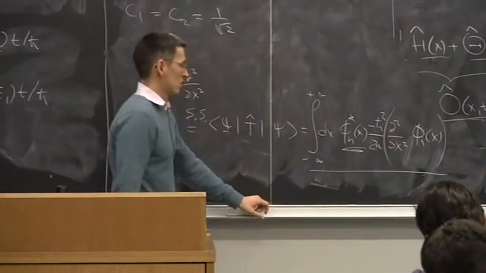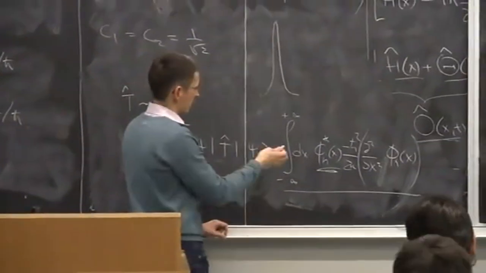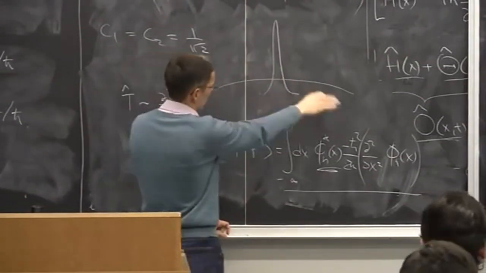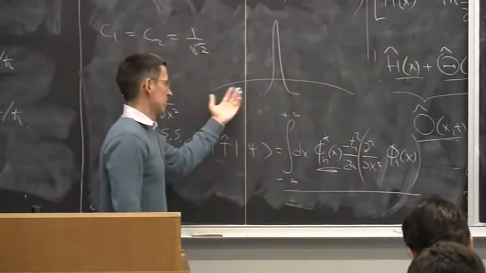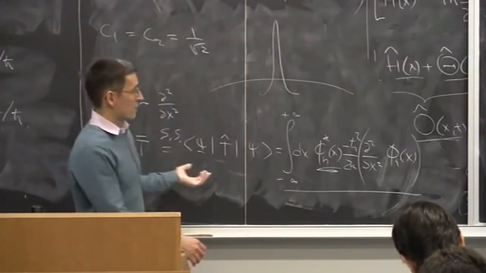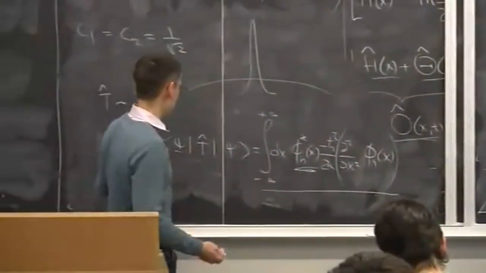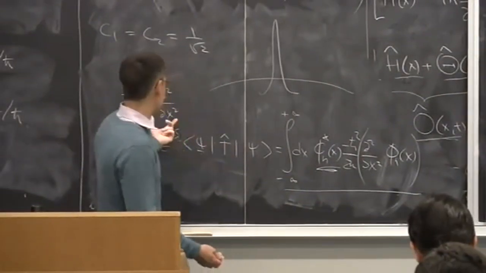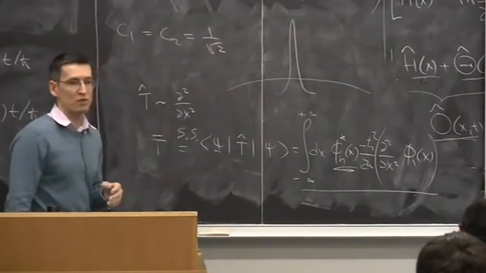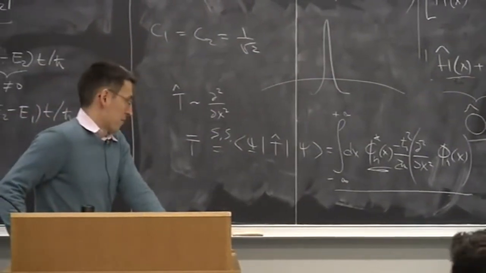So it turns out if the function is really localized, then the second derivative is high. If it's closer to a line, where the curvature is small, then you get a smaller kinetic energy. But the time exponent here doesn't contribute anything to the average kinetic energy, simply because the kinetic energy operator is the derivative operator with respect to space and has nothing to do with time. Okay, so that's the math.